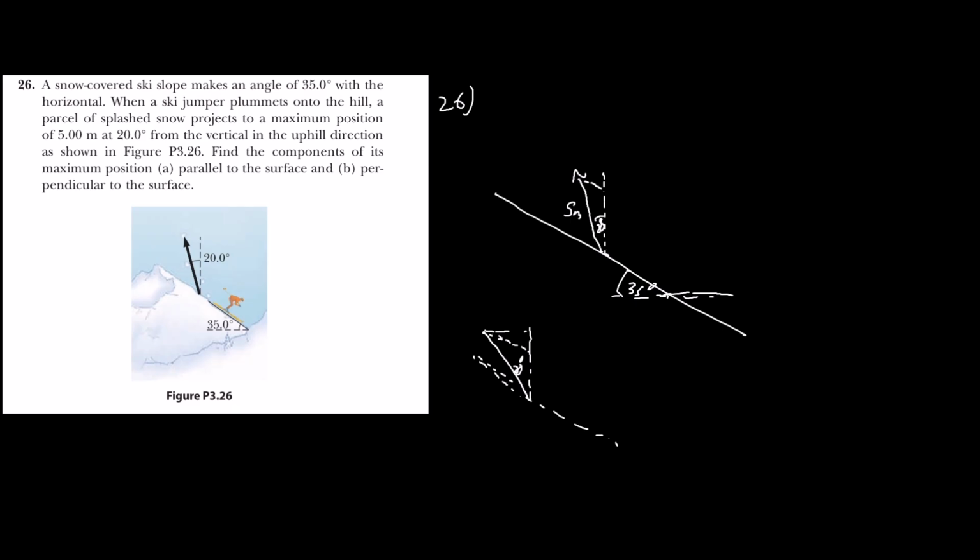So let's actually redraw this. In fact, before I pause this video, let's draw the snow here. Let me redraw this, and let's draw this little vector here. And let's find out what this component is, because that's what it wants. That's not 20 degrees, but it wants us to find one of these components.